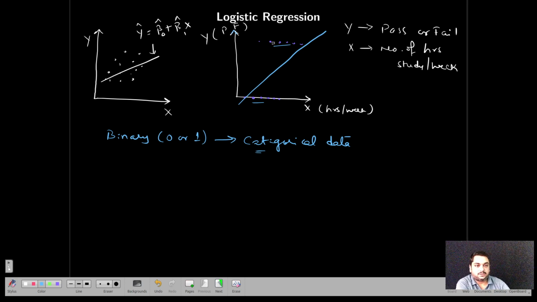It's not feasible because we may have issues like this. So how will you handle this? If you observe here, let us say there is 0 and then 1 on y, and x is having some points.